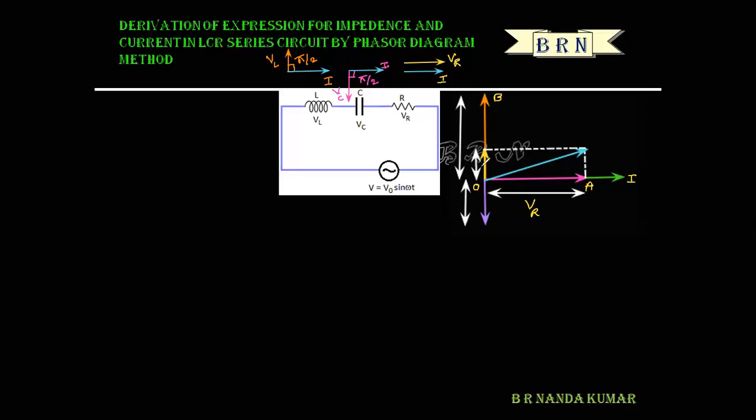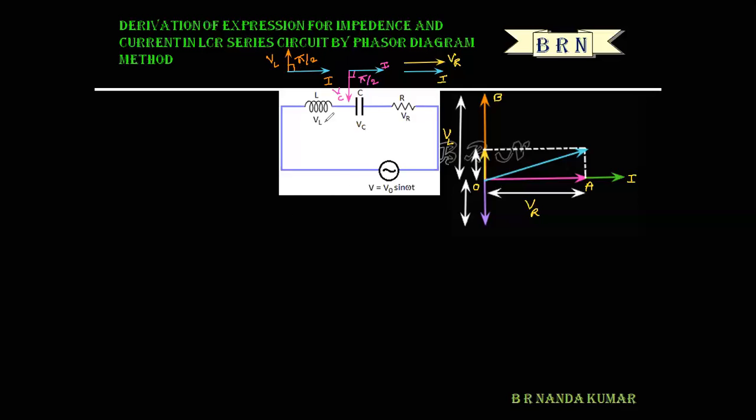So the OB vector represents the potential difference across L, that is VL, which leads the current by an angle of pi by 2 radian.